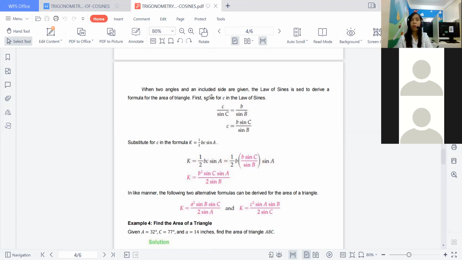If we're going to solve for C using the sine law, we can use C over sine C equals B over sine B. When we manipulate it, you cross multiply, so you will have C sine B equals B sine C. Because we're asked to find C, we divide both sides by sine B.